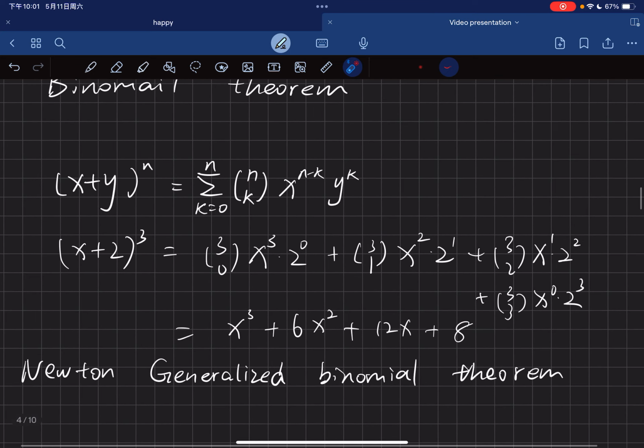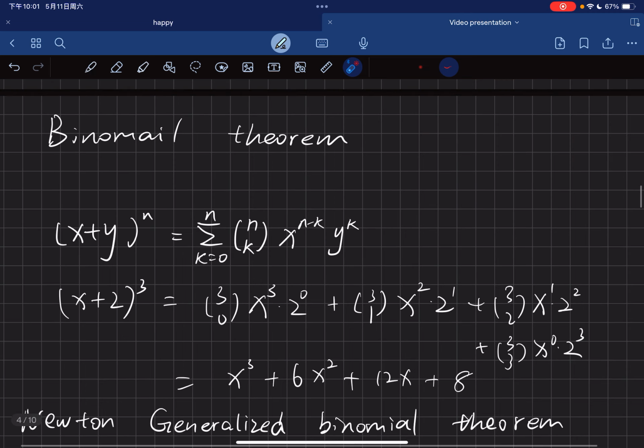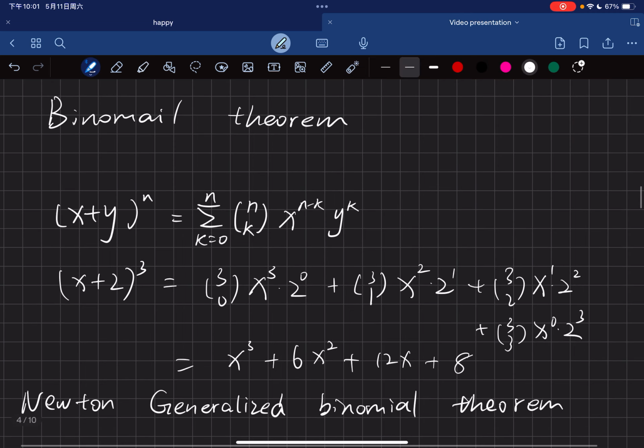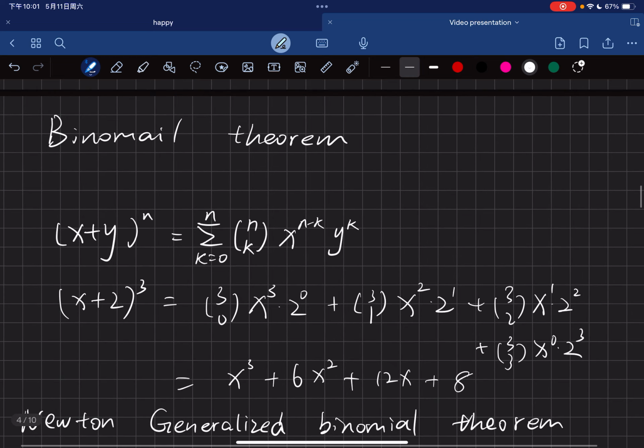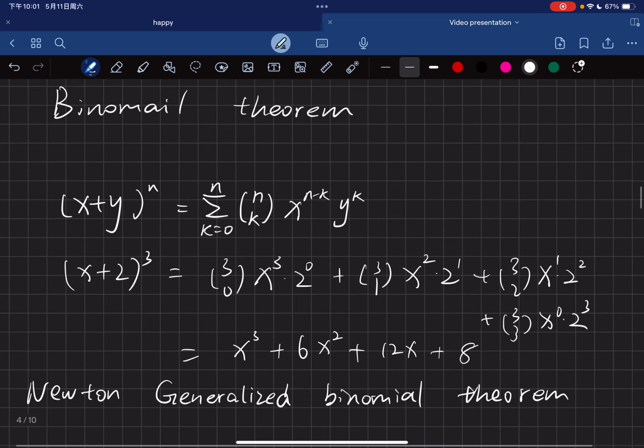And how about Newton's generalized binomial theorem? It is an extended theorem that we can get from the basic binomial theorem.